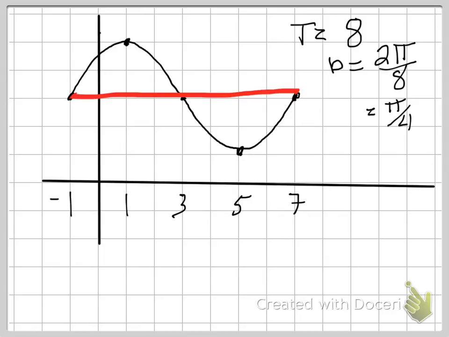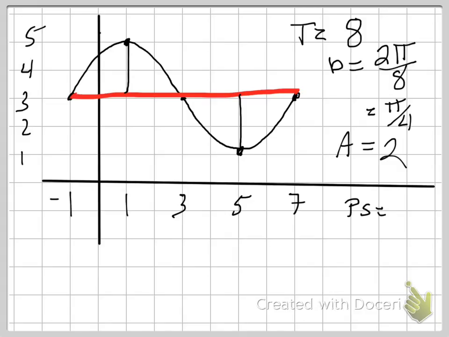the amplitude is the distance from the midline to a maximum or the midline to a minimum. And I'm going to call this 1, 2, 3, 4, 5. So the amplitude is 2. And that's all there is to that. Now the phase shift. Okay? The phase shift here is equal to negative 1.